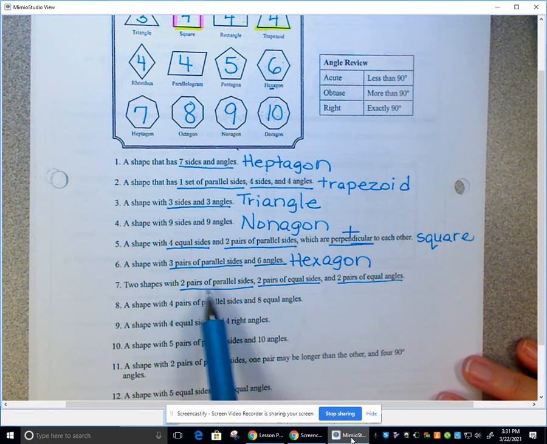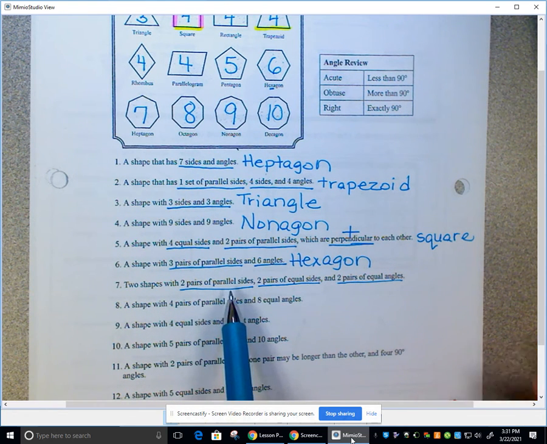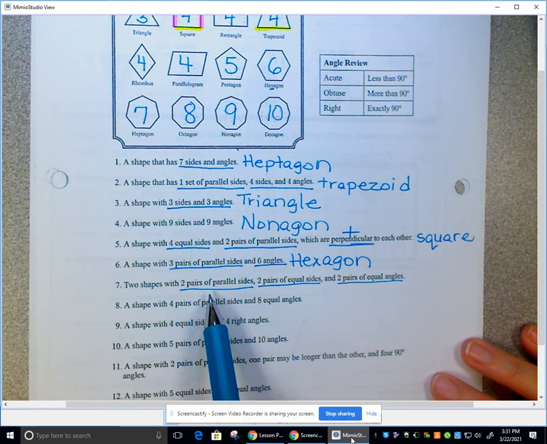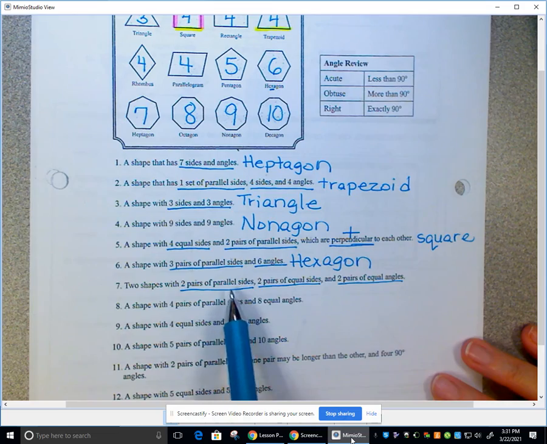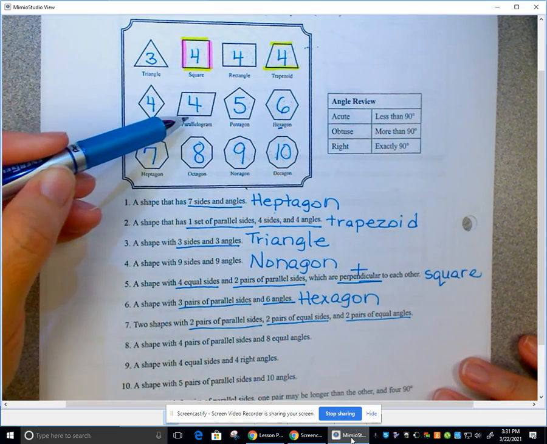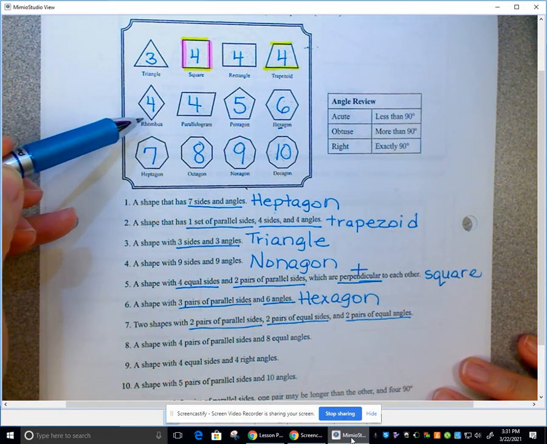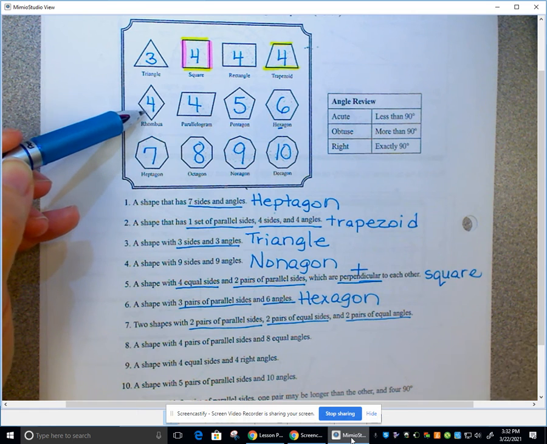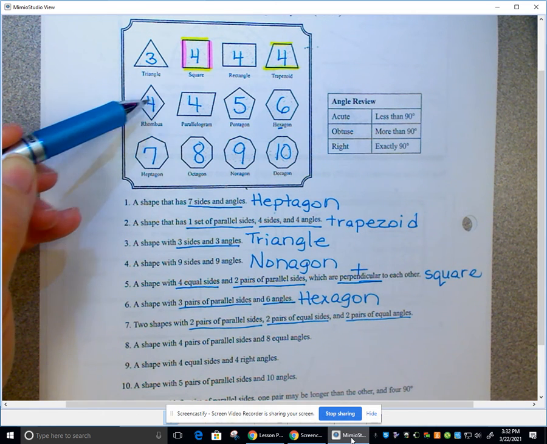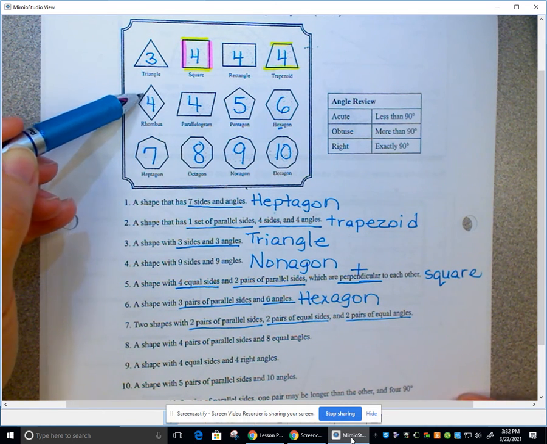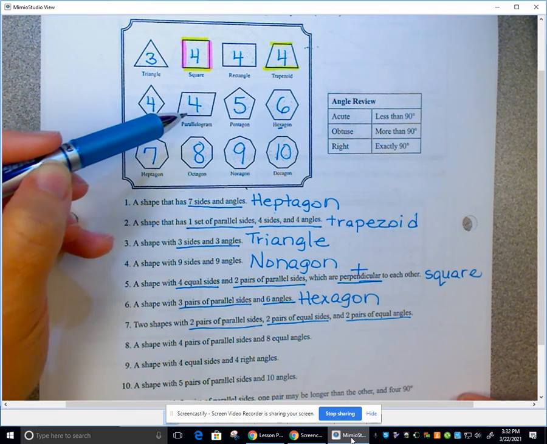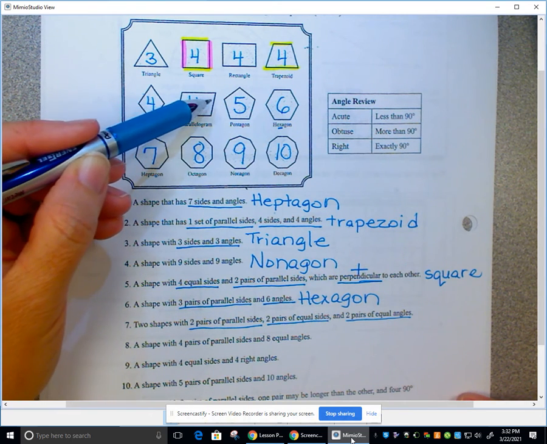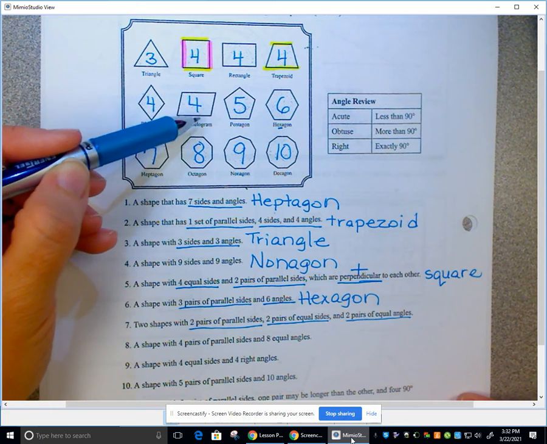So if it's got 2 pairs of parallel sides, it's got 4 sides. That is going to be our parallelogram and our rhombus. Notice they have 2 pairs of parallel sides. This side's parallel to that side. And I showed you a while ago, the left is parallel to the right, the top is parallel to the bottom.